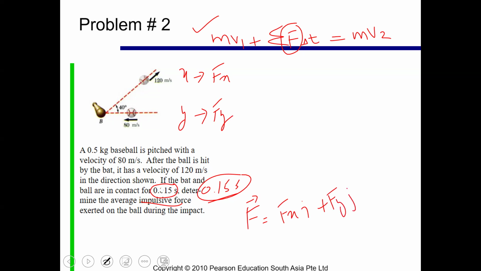If you want to know the magnitude and the direction, you can calculate from the vector formulation. You know that F magnitude would be equal to the square root of fx square plus fy square. So when you resolve this equation, it will give you x component of force, it will give you y component of force. So this is what you need to do, right?